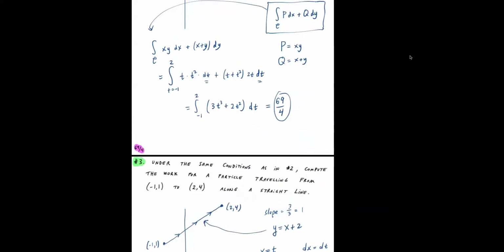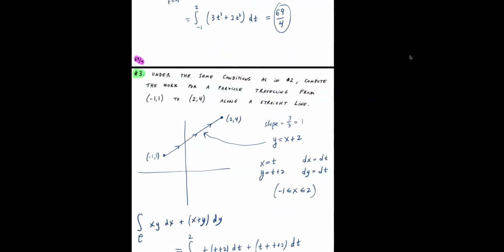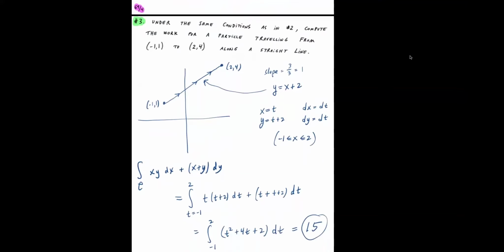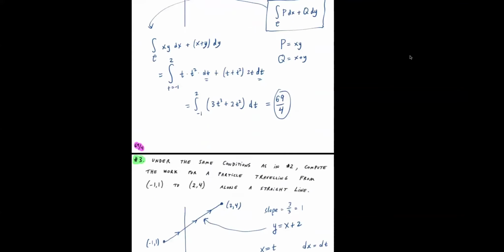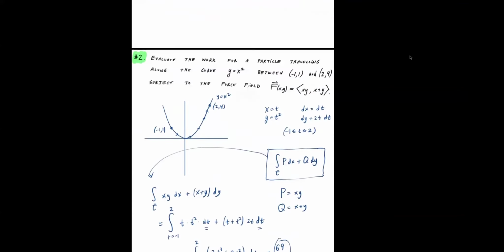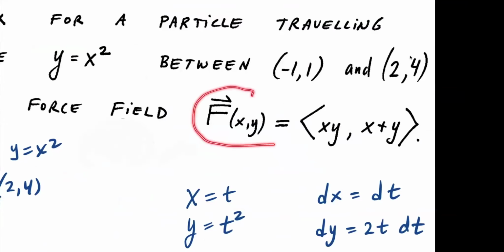Okay, the answers that we get for the work are different. They're close. 69/4 is what, 17? Okay, maybe it's not that close. But anyway, it's in the same ballpark more or less. The answers are different, and as we're going to see later, the reason is because this force field here is not conservative.